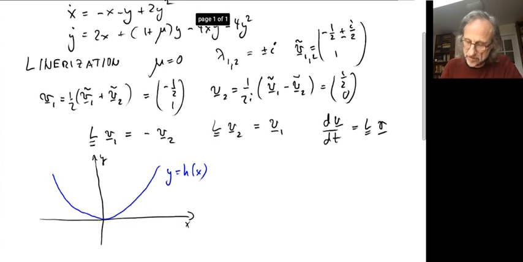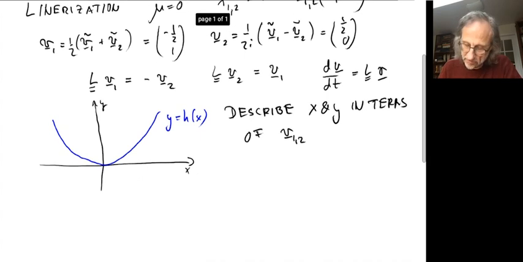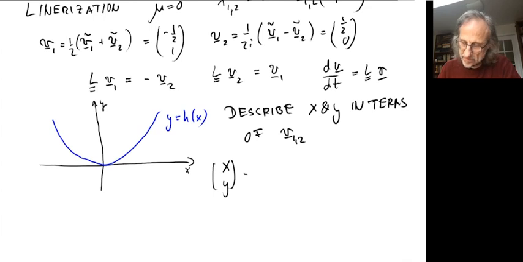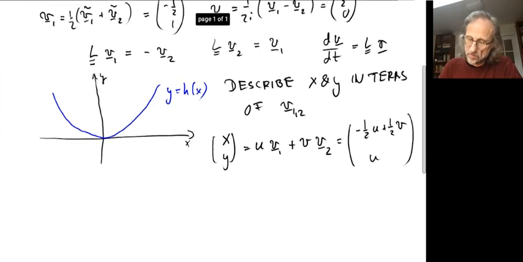So we describe the coordinates x and y in terms of V1 and V2. You can write x and y simply as u times V1 plus v times V2. If you write that out, it gives you minus 1/2 u plus 1/2 v for x, and u for y.